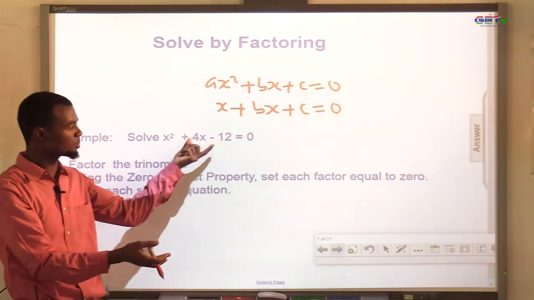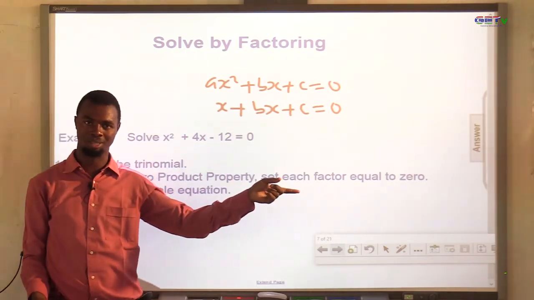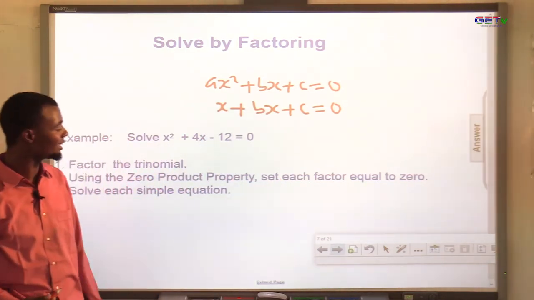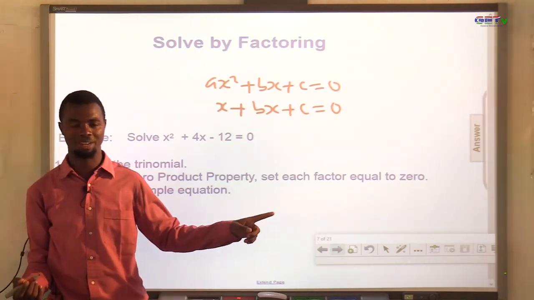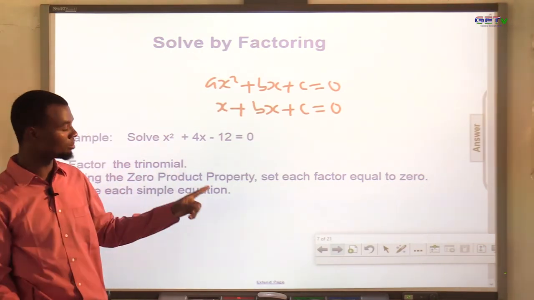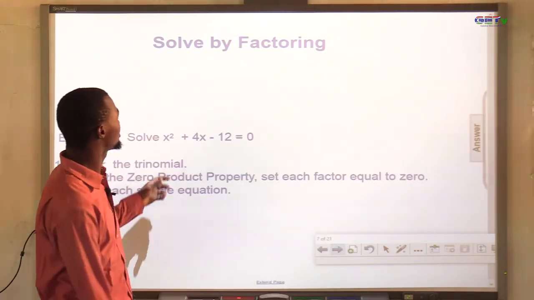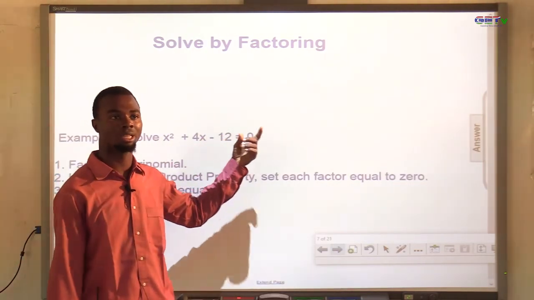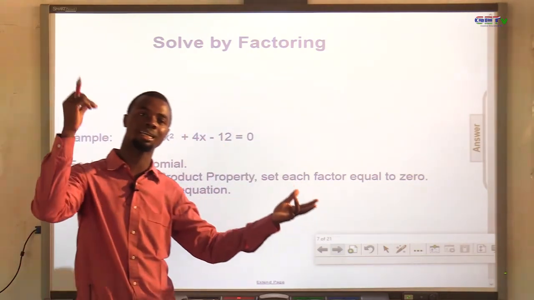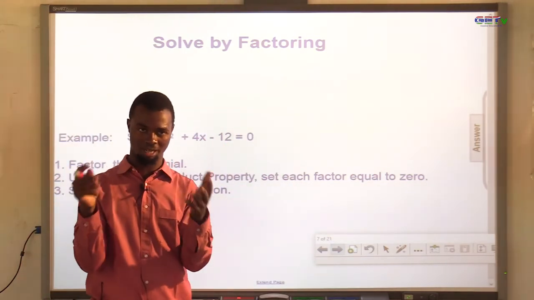If you look at this expression here, it is equated to 0. All right, solve by factorizing. This one now and the one we were doing previously are different.